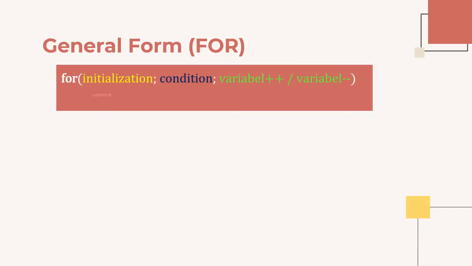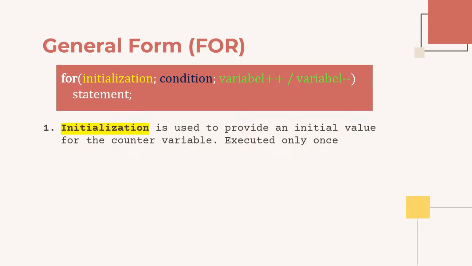The general form of for looping is for initialization, condition, and then increment or decrement, and then continue with statement. Let's discuss all the parts of the for structure. First is initialization.